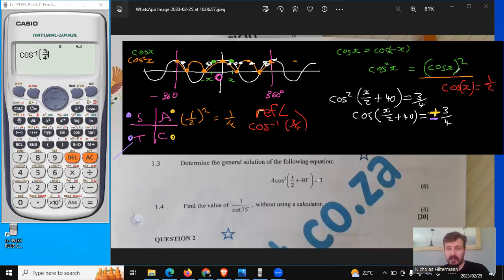That's what we're doing here, except instead of the x, it's x over 2 plus 40. But that's fine, we can deal with that once we know the reference angle. This x over 2 plus 40 is your angle. Let's find out what it is in terms of an angle. So we say cos to the minus 1 of 3 over 4.